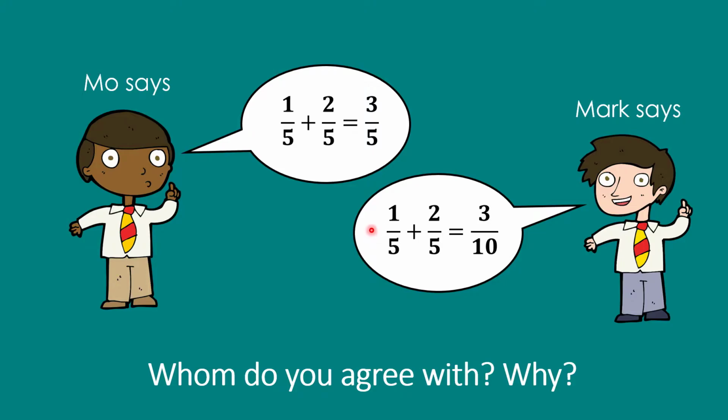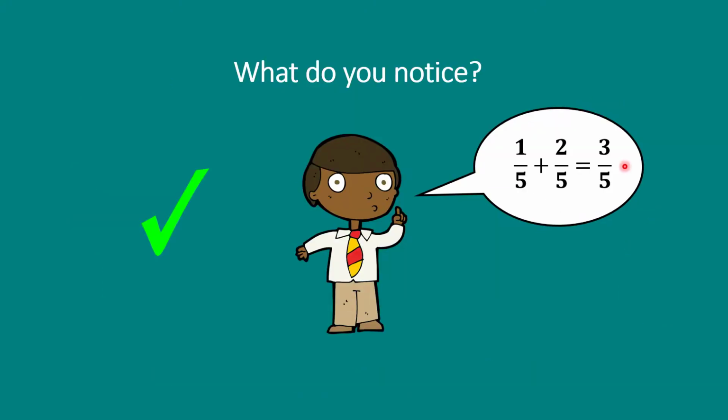I'm going to reveal the correct answer now. Mo was correct. 1/5 plus 2/5 is equal to 3/5. Now look carefully at the fractions. What do you notice about the numerators, the numbers on top? What do you notice about the denominators, the numbers on the bottom?